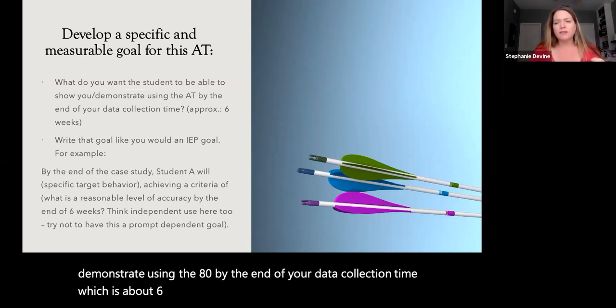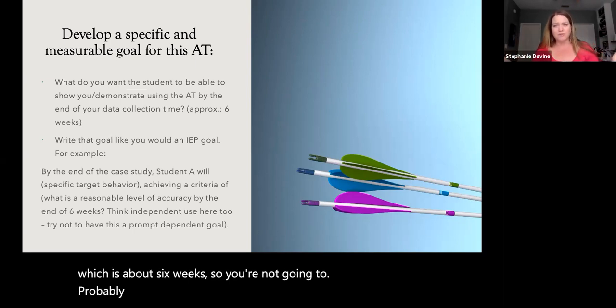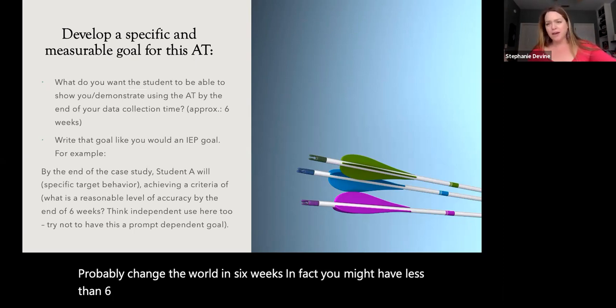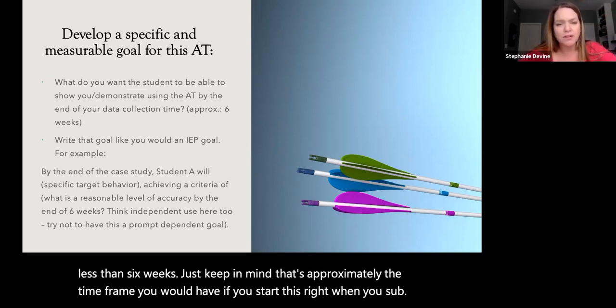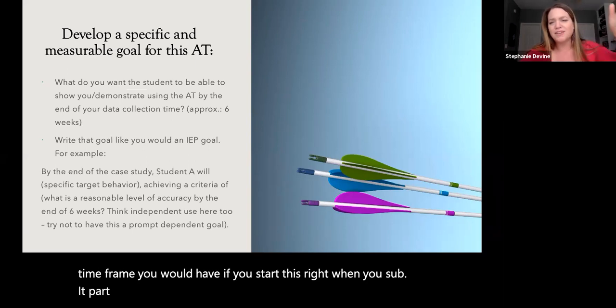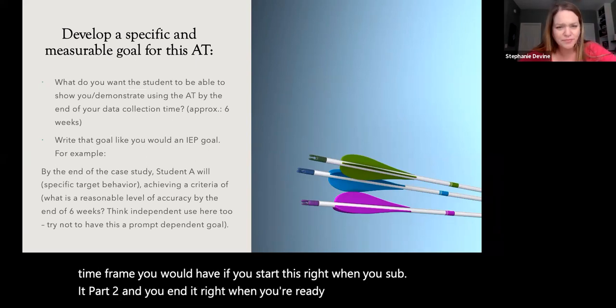You're probably not going to change the world in 6 weeks. In fact, you might have less than 6 weeks. Just keep in mind that's approximately the time frame you would have if you start this right when you submit part 2 and you end it right when you're ready to submit part 3, about 6 weeks.